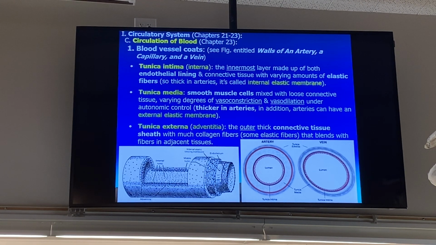In larger arteries, those elastic fibers will actually form a layer we call the internal elastic membrane. It's only in bigger arteries though. Tunica intima is continuous with endocardium. You can't tell where one ends and the other begins, it's continuous.